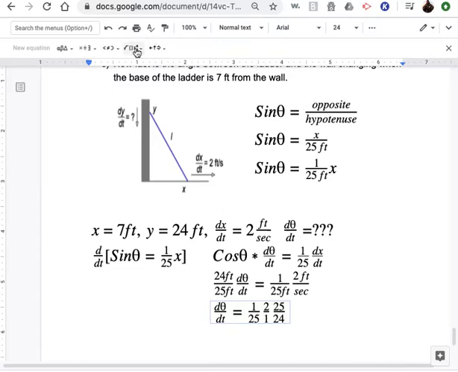And I'm going to put a unit here at the end of radians per second.